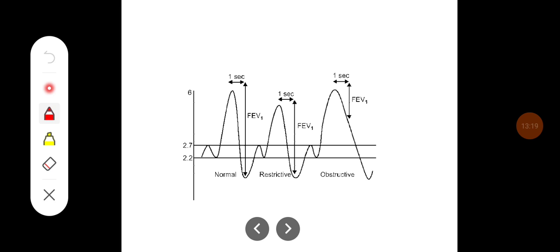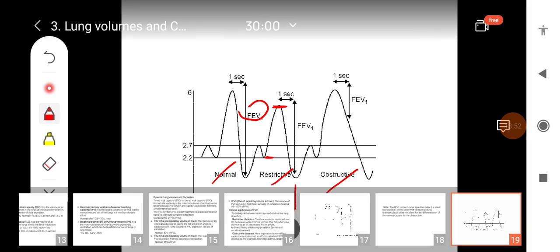And this diagram shows the forced vital capacity in 1 second, that is FEV1, in normal, restrictive and obstructive lung disorders. Normally, in the first second, more than 85% of the air is expelled, whereas in restrictive lung disorder, the vital capacity is reduced, but the FEV1 remains constant, and the FEV1 to forced vital capacity ratio may be increased or may be normal.